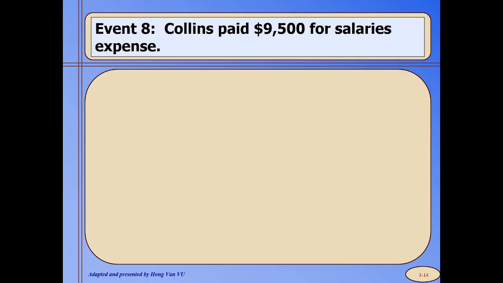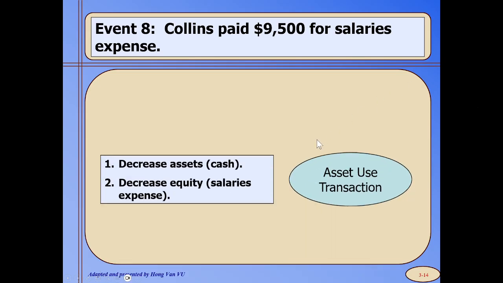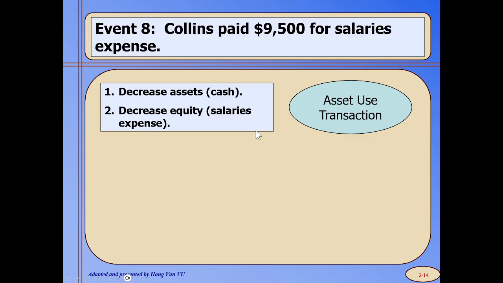Now we look at transaction number 8, event number 8. The company paid 9,500 for salaries expense. This transaction decreases the cash assets account and decreases the equity through the salaries expense account.